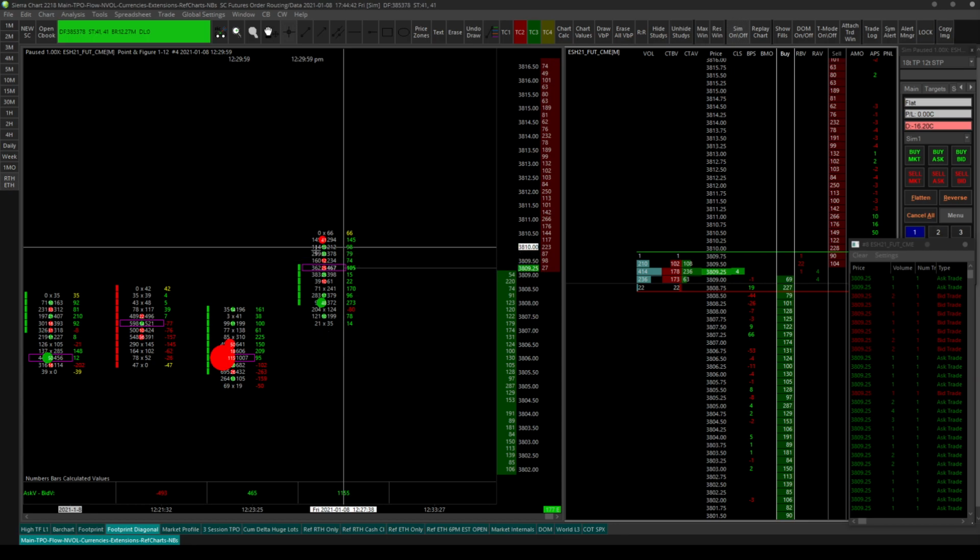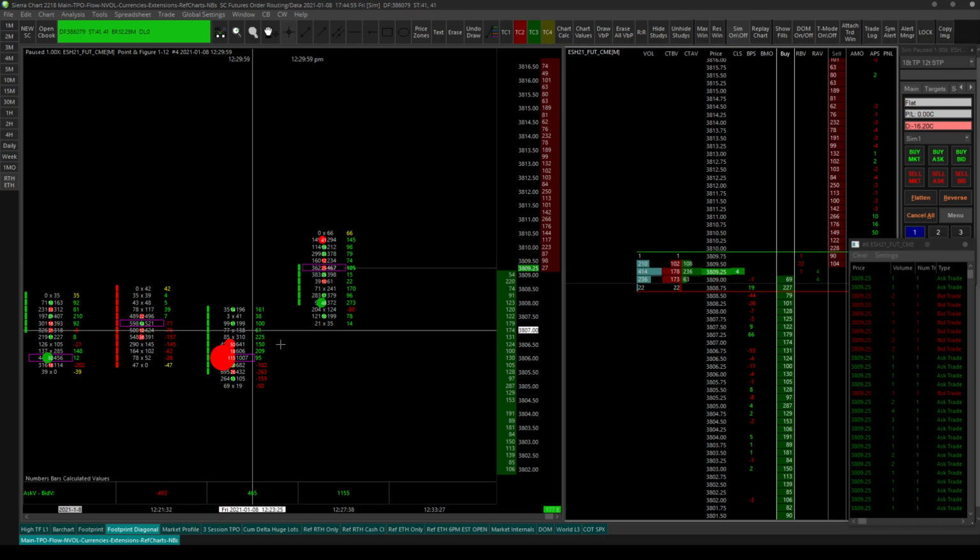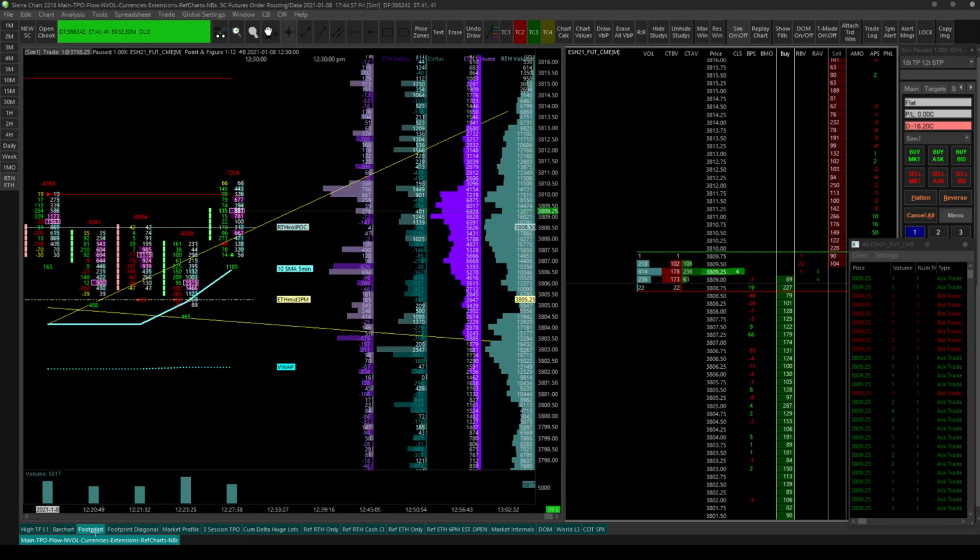I'd rather it just show me the net deltas and then the net volume, and that gets me the same result. So, it just depends. Some people start out with this and they're comfortable with that, but for me, it's just less calculation for my brain to do, and I've gotten good at looking at imbalances in this way.